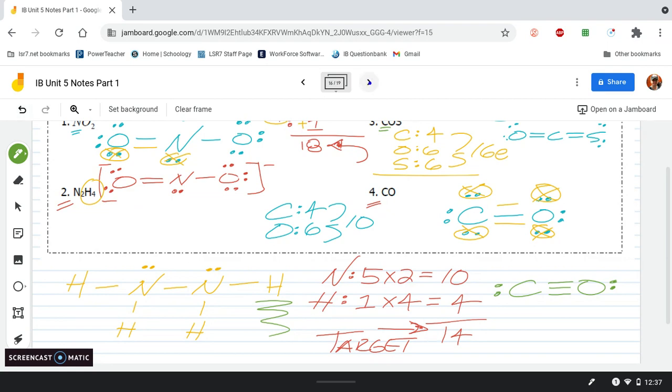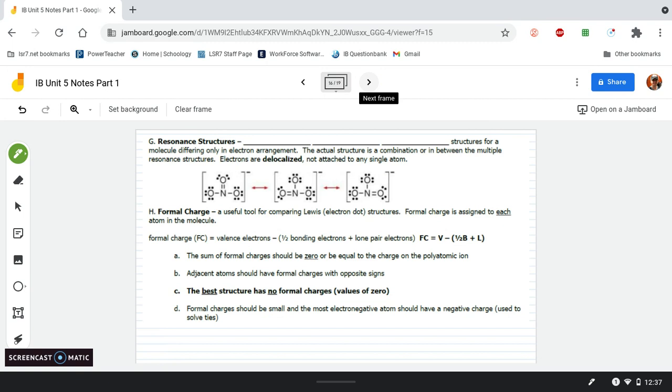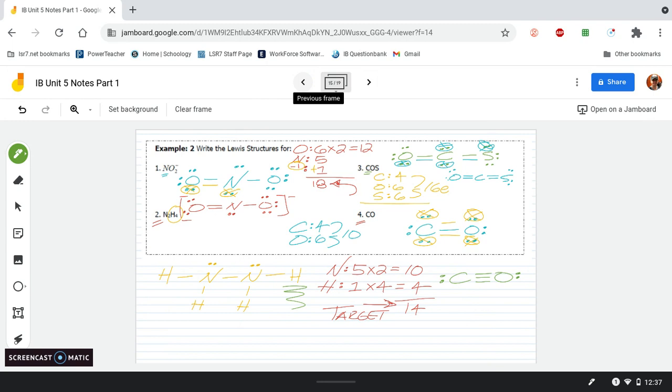We're going to pick up here next with resonance structures. These are ones where you have all kinds of things that are kind of the same, but just slightly different. So we'll pick up there. You'll have practice with this. You do need to know this. If you can't do this, it's a huge problem because so many things in this unit are based upon our ability to draw the dot structure.